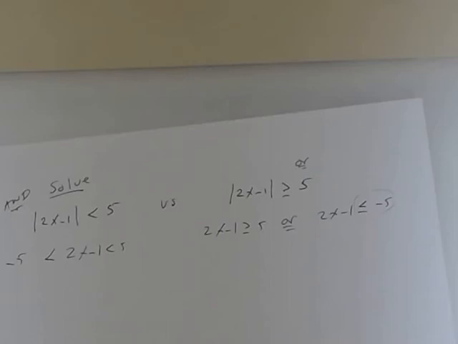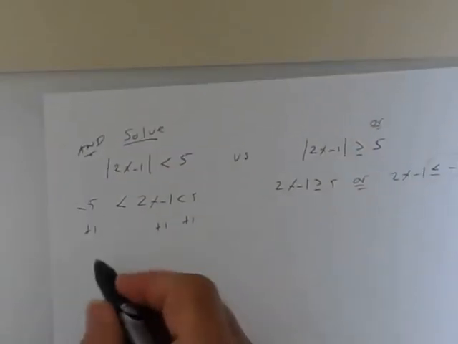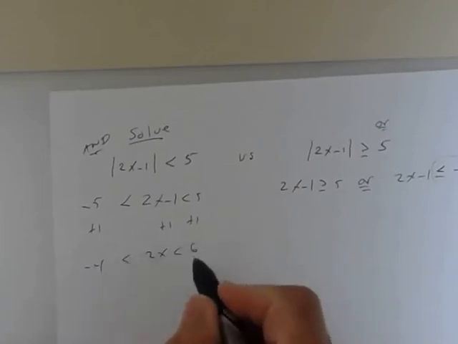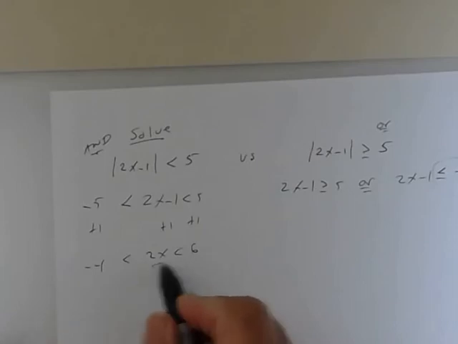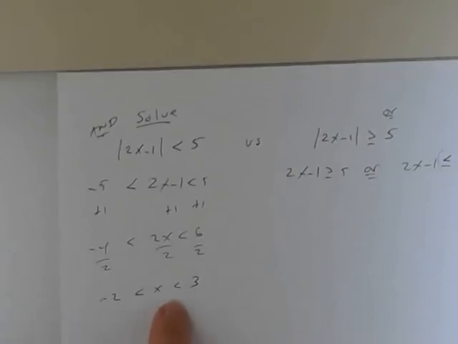Now, over here you would add 1 to all parts. Those would be negative 4 is less than 2x is less than 6, right? So divide all parts by 2. I get negative 2 is less than x is less than 3. So that means all your solutions are between what? Negative 2 and 3.